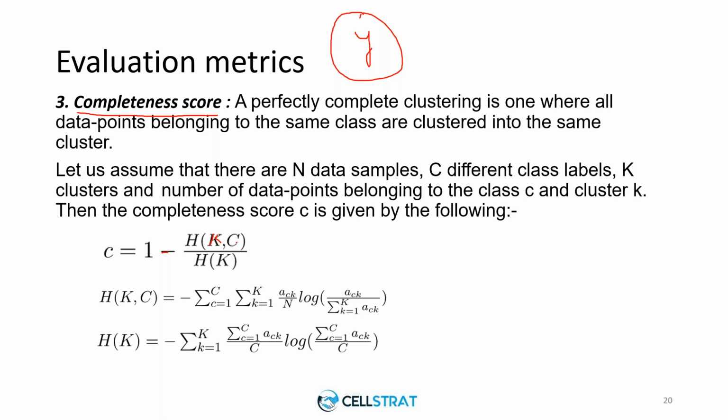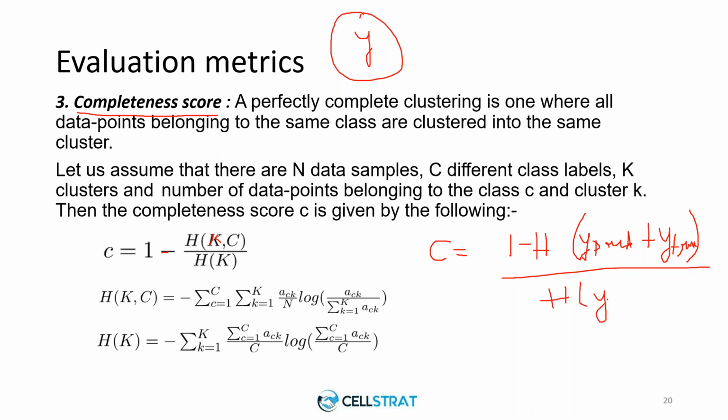This might be a little tricky to understand, so I would put this into some other formula. To simplify this, C equal to 1 minus H of y predicted given y true, divided by H of y predicted.